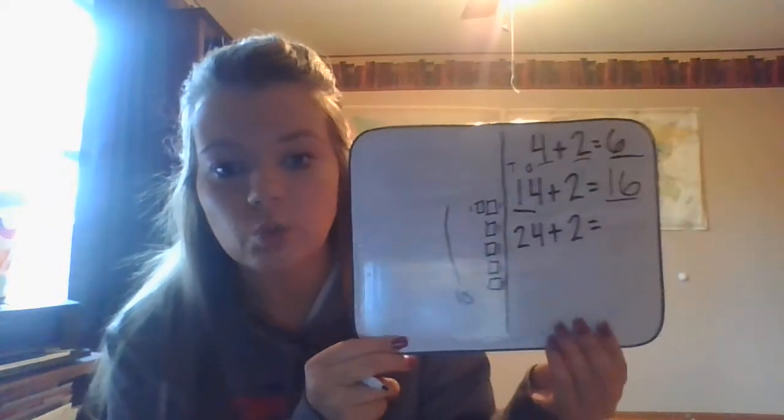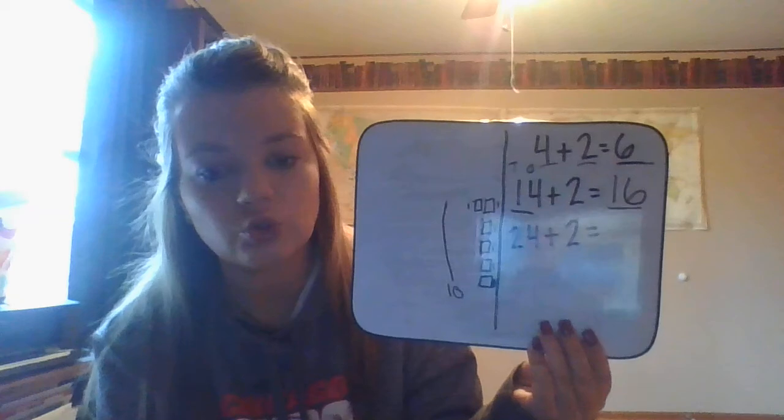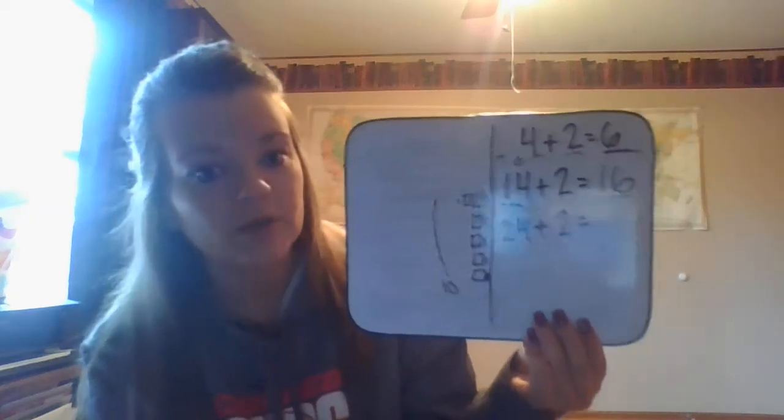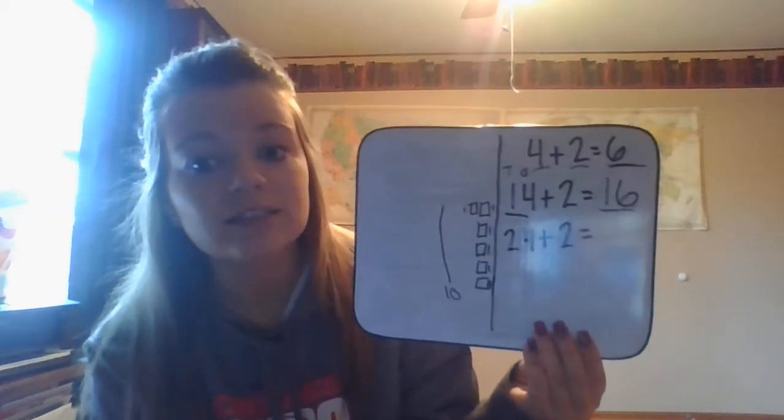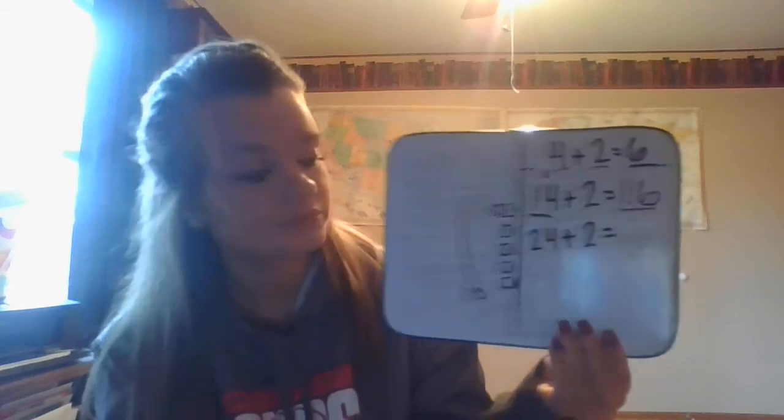So now our next problem is going to be 24 plus 2 equals. Okay, 24 plus 2 equals. So if you need to, pause the video to write it down.